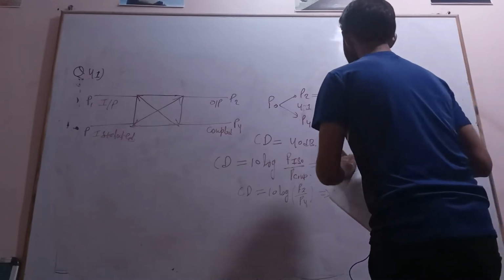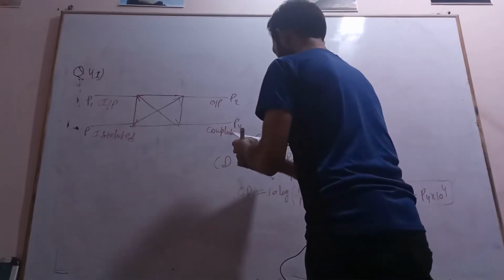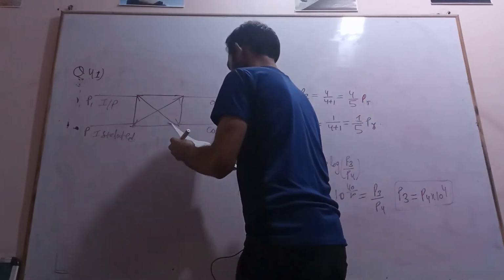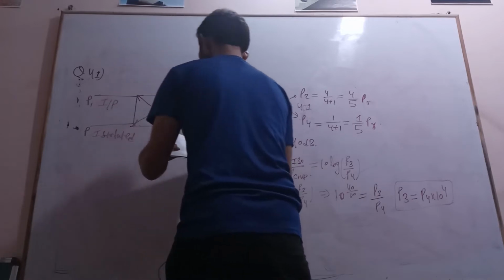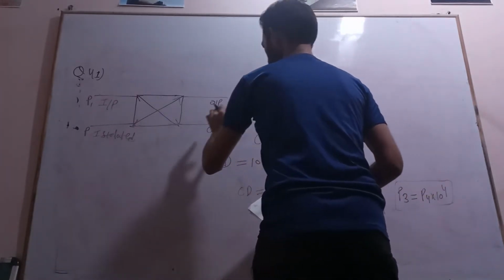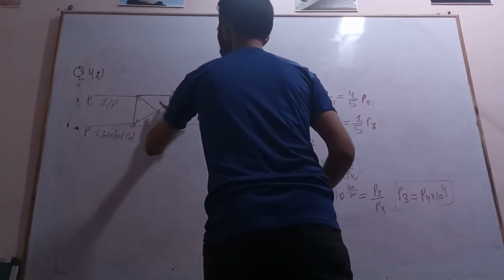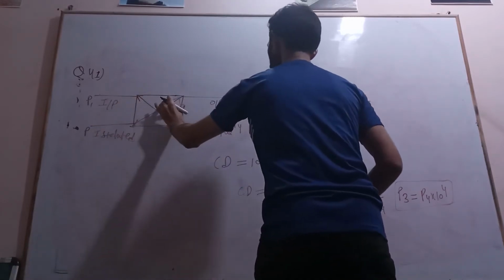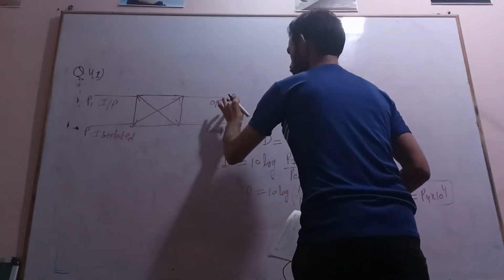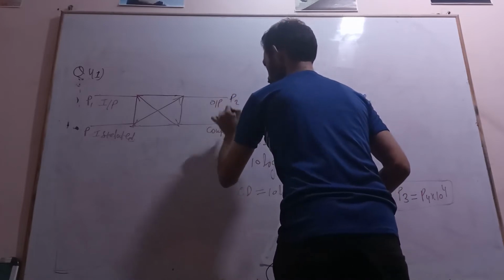Now he's asking about P2 and P1. What fraction of the input power P1 will go to port P2 and P3? So what fraction of the input after dissipation will go to port 2 and port 4?